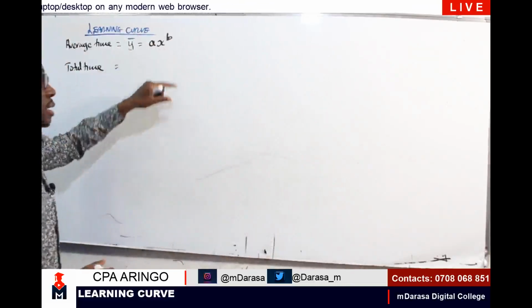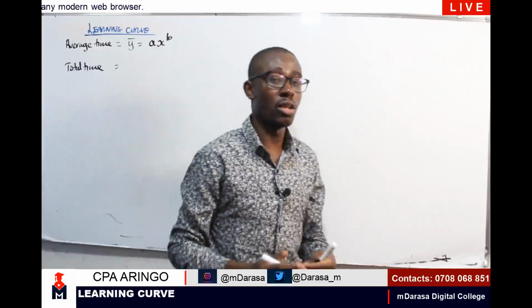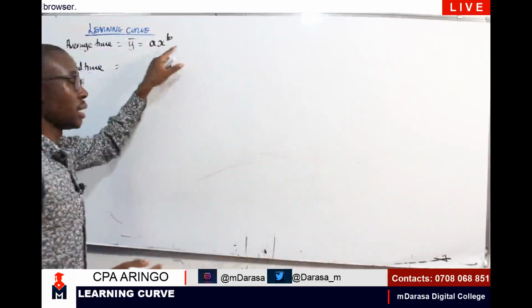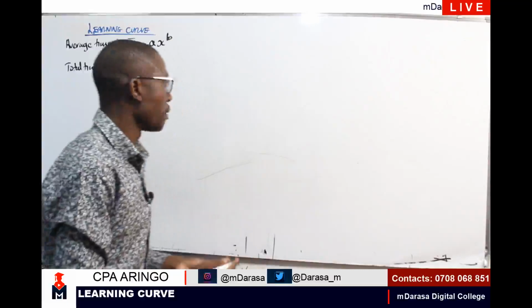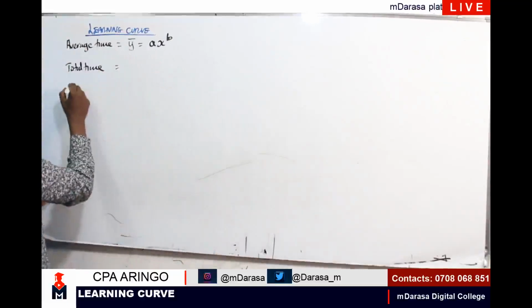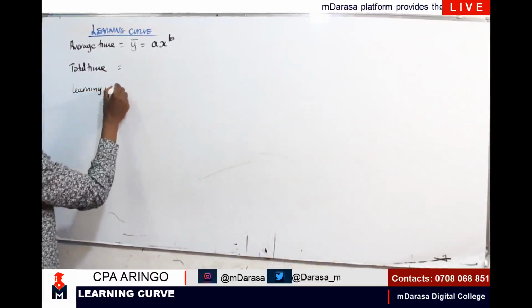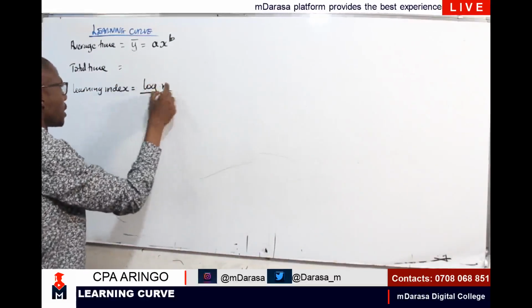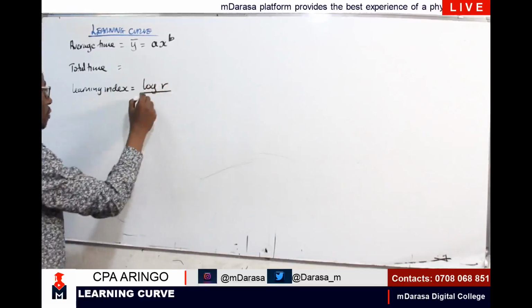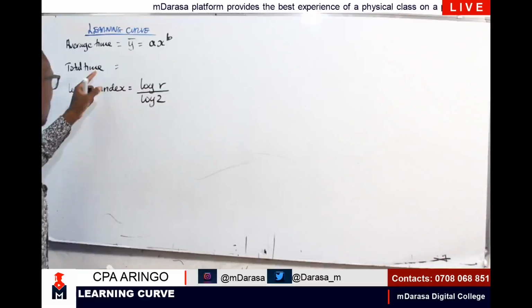X is the cumulative production, or rather the cumulative units that we have, whereas b is our learning index. To determine your learning index, we will be talking of log R, that is log of the learning rate, divided by log 2, which is very critical.